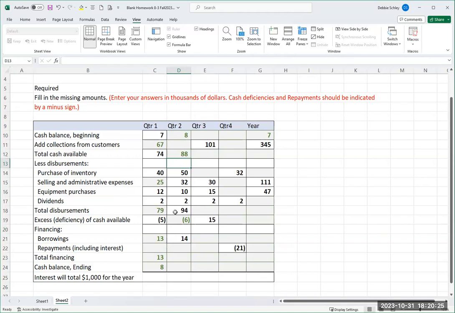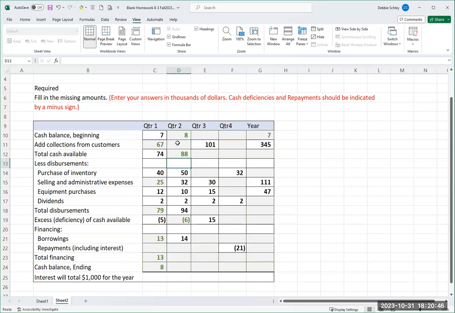So you see how I got that? My total disbursements put me in the hole $6,000. And so I only had 6,000 less than 94, which is 88. Okay, so now we're completely working backwards here.